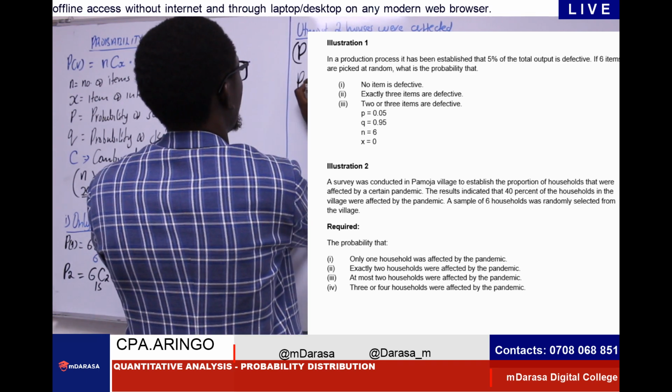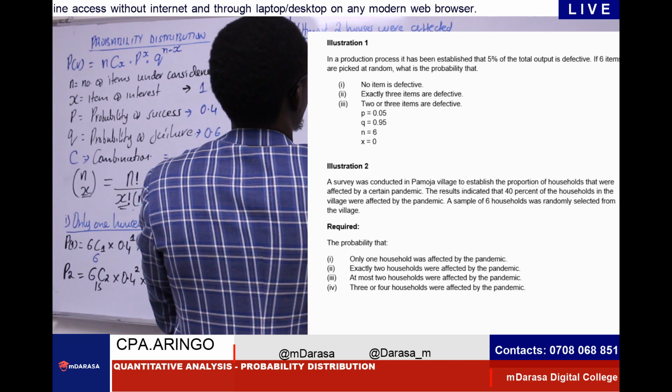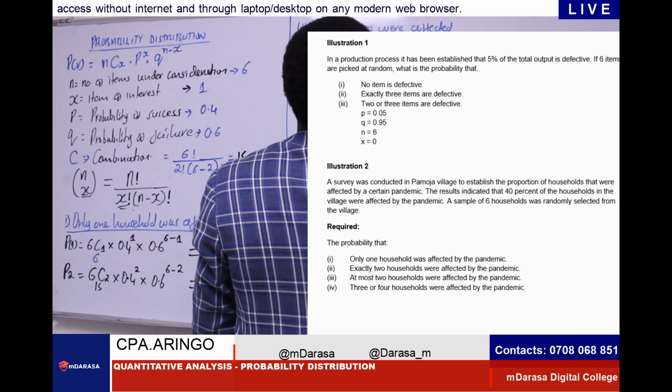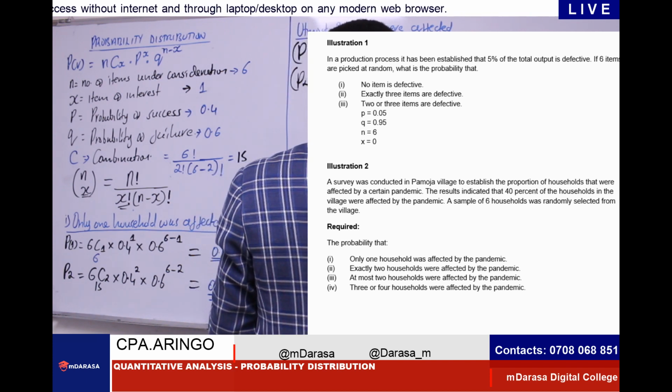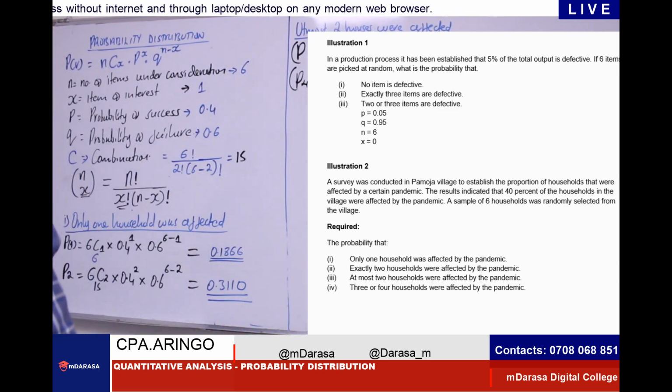And we determine for 4: 6 C4 times 0.4 to power 4 times 0.6 raised to power 6 minus 4. See, as easy as that. Kindly try to work it out very quickly, and we see if you've mastered that.